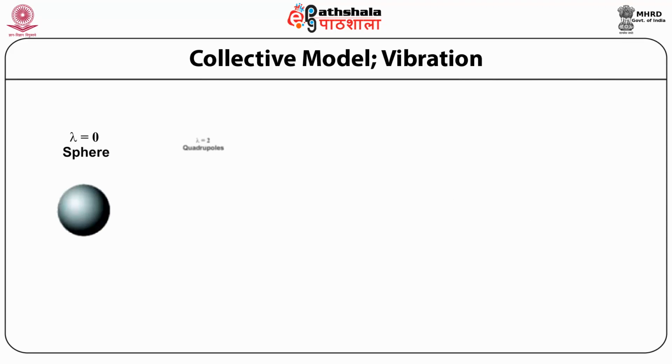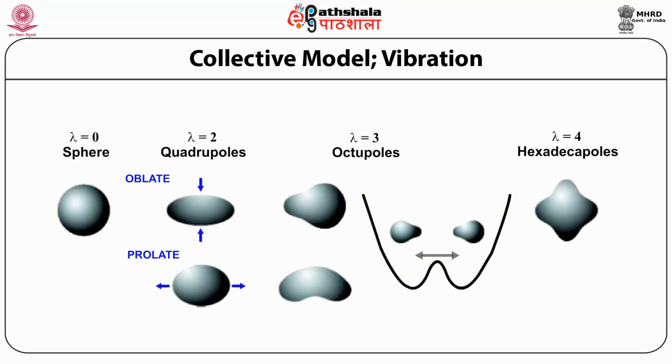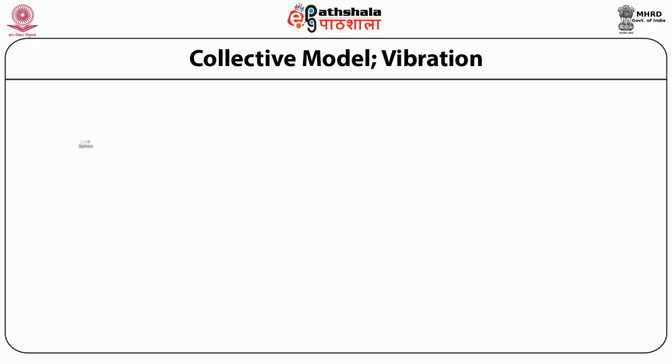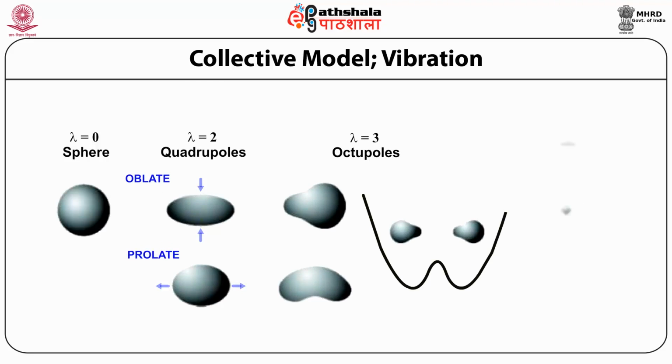Collective model vibration. Now, in this slide, we would like to see how the shape of the nucleus changes with changing value of lambda, that is, in moving from lambda is equal to 0, that is sphere, to superheavy elements like uranium, thorium, etc. So, here in the picture, different shapes of nuclei are given corresponding to lambda is equal to 0, that is spherical shape, lambda is equal to 2, that is quadrupole shape, then lambda is equal to 3, that is octopole shape, and at the last, hexadecapole for lambda is equal to 4.